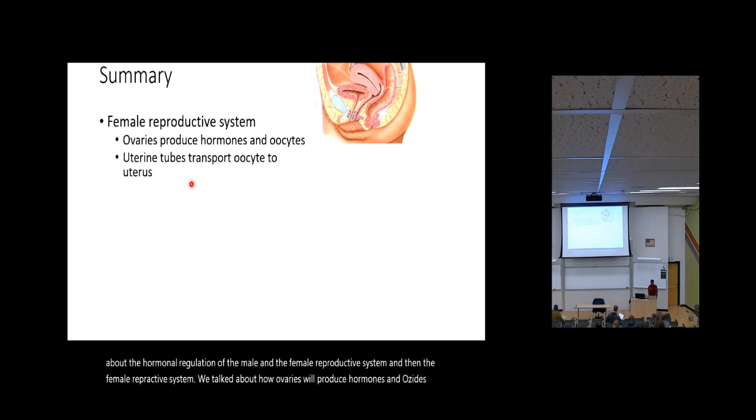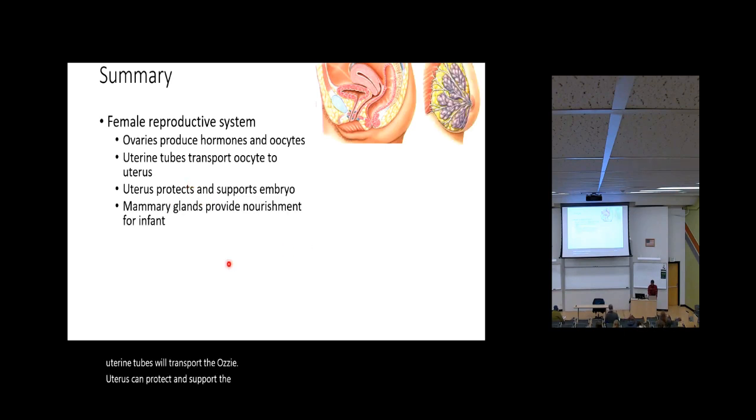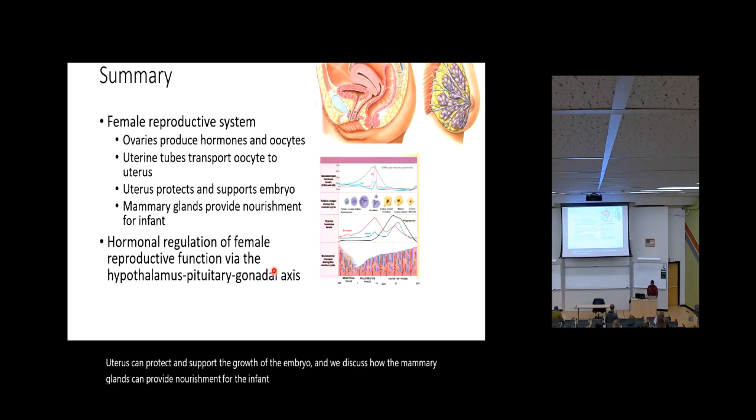The uterine tubes will transport the oocyte to the uterus, and the uterus can protect and support the growth of the embryo. We discussed how the mammary glands can provide nourishment for the infant. And we finally wrapped up by talking about the hormonal regulation of both the male and the female reproductive function by the hypothalamic, pituitary, and gonadal axis.